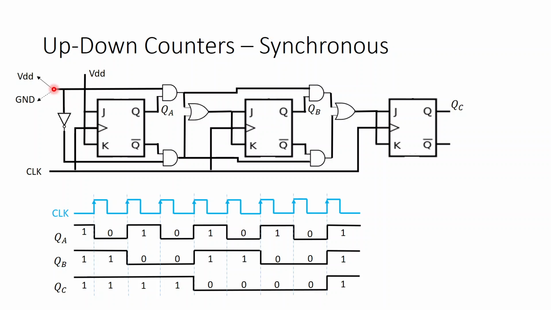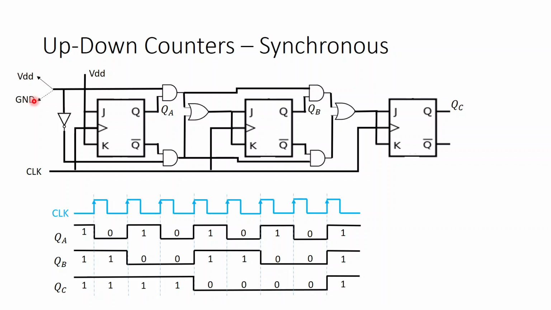Now if this bus is connected to 0, connected to ground, then what happens? These upper AND gates are all giving 0 output, and the lower AND gates are getting activated. So it is like now the down counter operation is happening.